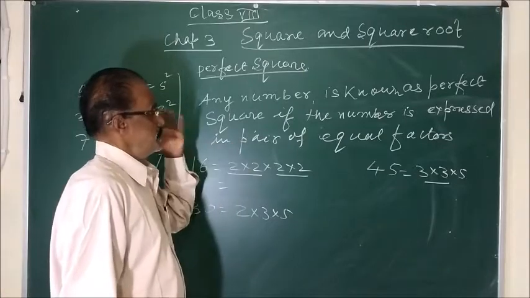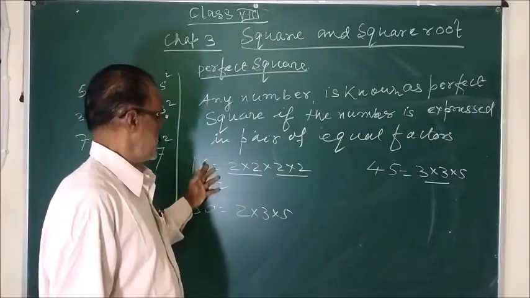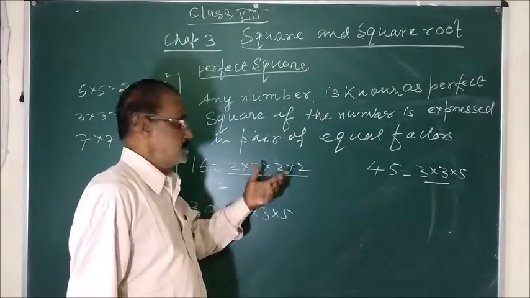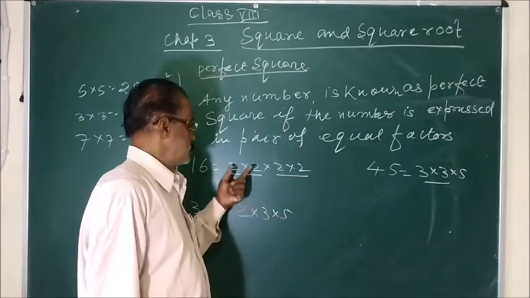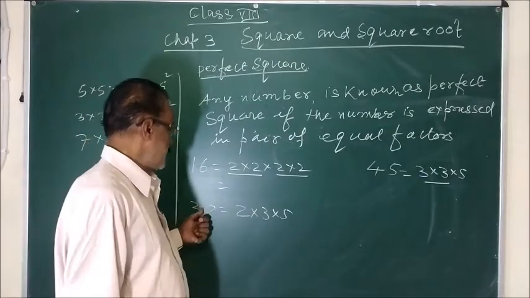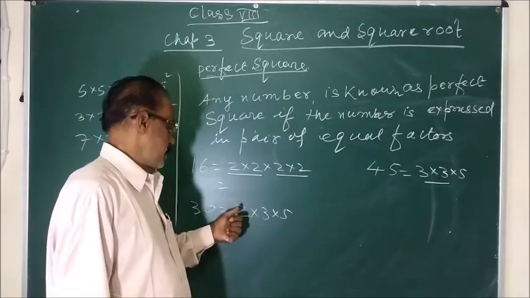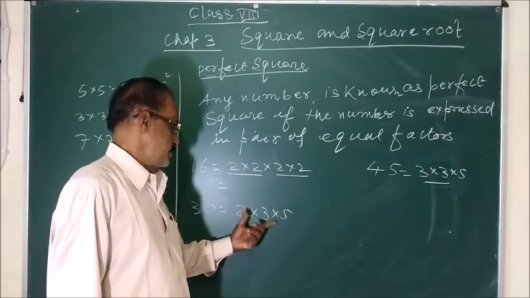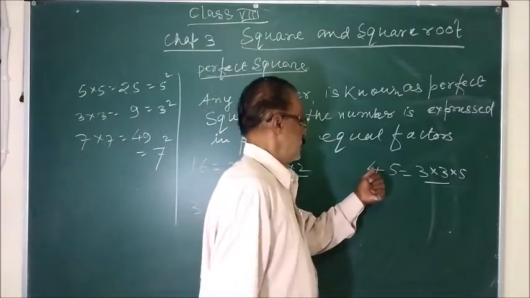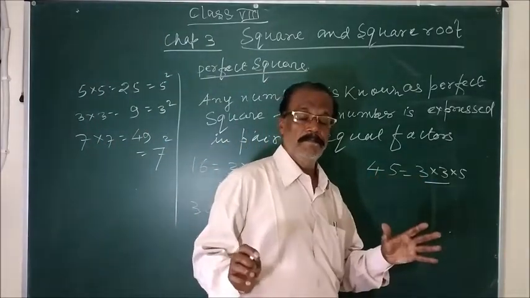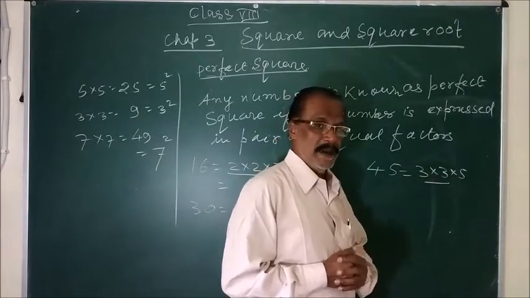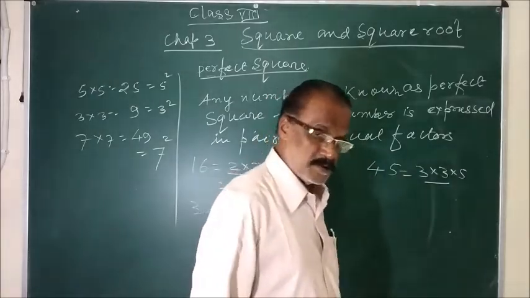Perfect square means first you find the prime factors of the given number and you arrange them in pairs. If no number is left out of pair, that number is called a perfect square. 16 is a perfect square, but 30 is not a perfect square because 2, 3 and 5 are not in pairs. Similarly, 45 is not a perfect square because 5 is left, 5 is not in pair.